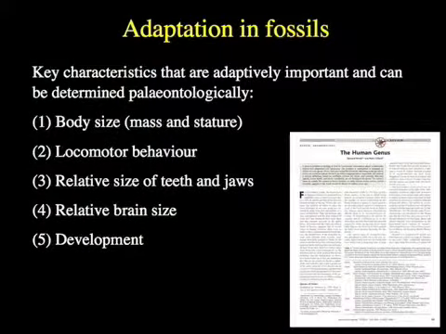And we came up with this list: things like body size, including mass and stature, locomotor behaviour, relative size of the teeth and jaws, that being linked to diet, of course, relative brain size, so some sort of proxy for behavioural complexity, and then also development. And so what I'm going to do is walk you through the human fossil record, focusing on these 5 different sets of adaptive characteristics.